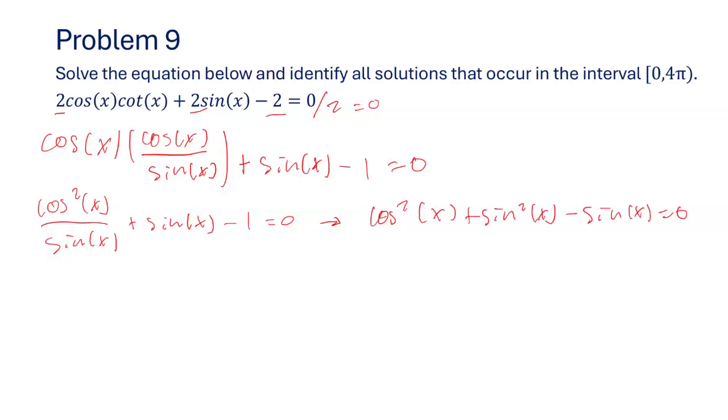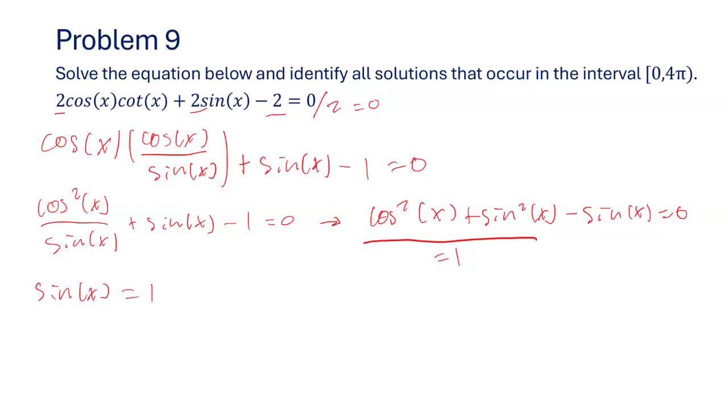And like we previously went over, this is the Pythagorean identity, so this actually equals 1. So then rearranging my equation, since I have 1 minus sine of x equals 0, I can say sine of x, by moving it to the other side of the equation, equals 1.